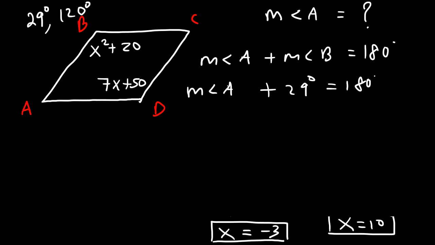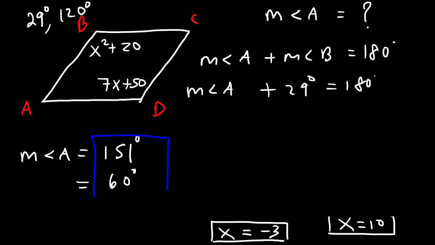So that's going to be 180 minus 29. So one possible answer for angle A is 151 degrees. Now the other possible answer is 180 minus 120, so it could be 60. So there's two possible answers for this angle. It could be 60 degrees or 151.